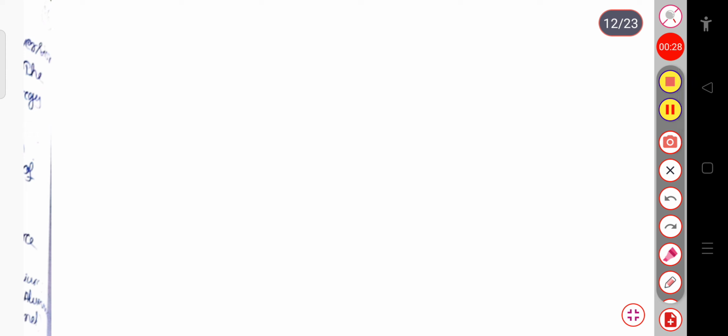Since we have already discussed spontaneous emission, stimulated emission as well as stimulated absorption, let me tell you again. Suppose this is the E1 state and this is the E2 state. Within a few seconds I will tell you in short what stimulated absorption, stimulated emission and spontaneous emission are.